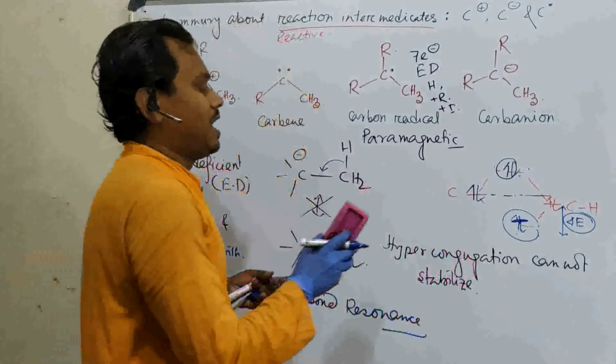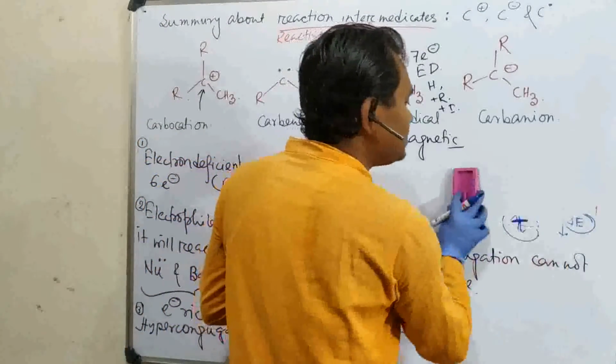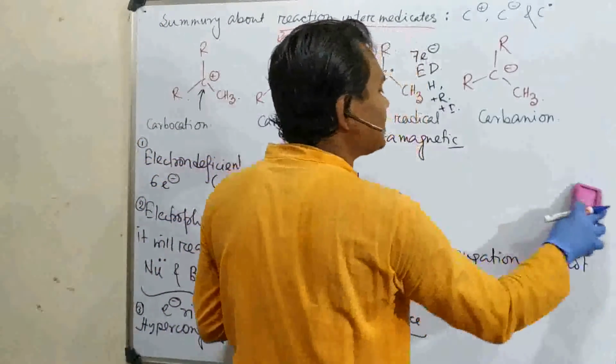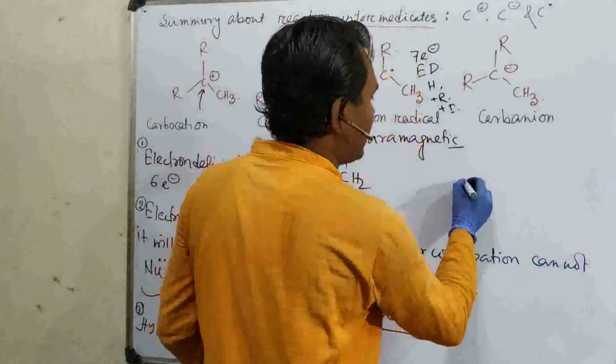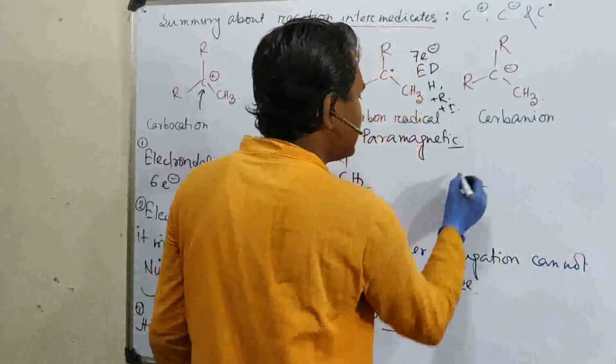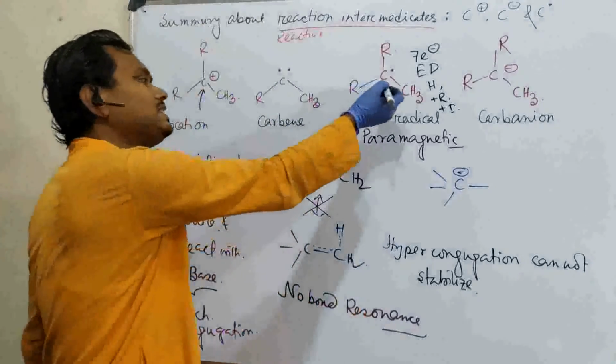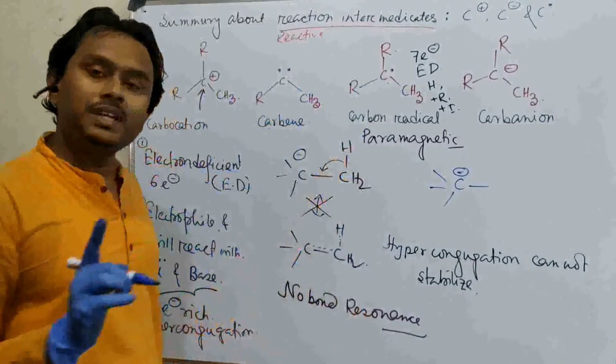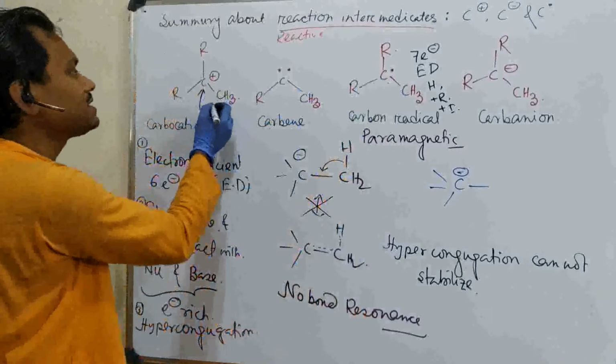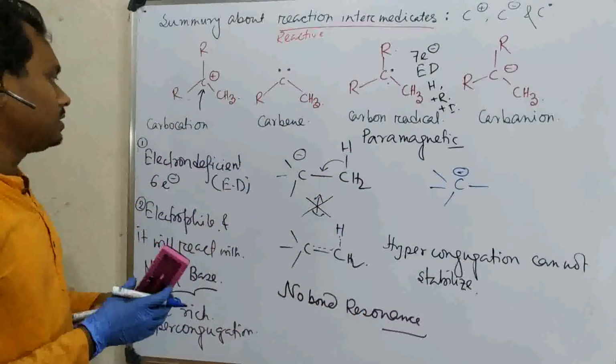Now the question: how could this be stabilized? Based on your basic understanding, you can answer this question. See, this is a carbocation, an electron deficient species. So we need some group attached to it which supplies electrons. Then it stabilizes.